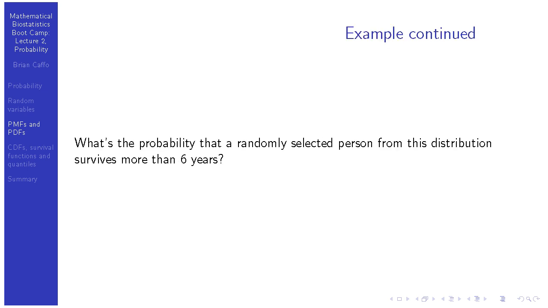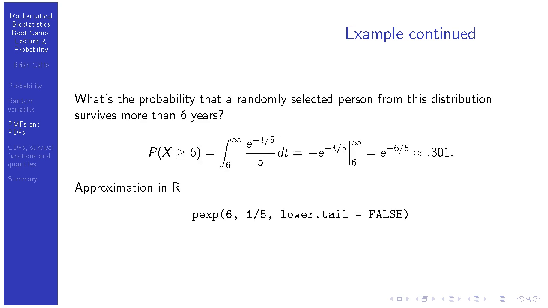Let's go through an example of using this probability density function to assign probabilities. So imagine if we were to model this population as if it followed this specific exponential probability distribution, and imagine if someone asked us the question, what's the probability that a randomly selected person from this population survived more than 6 years? So if x is the conceptual value that a random person takes, we want to know the probability that x is greater than or equal to 6, as represented by this probability statement.